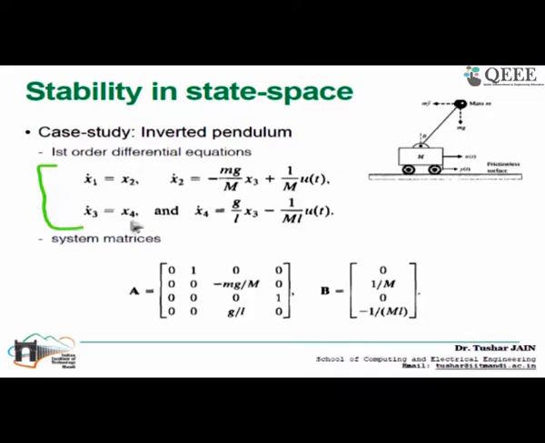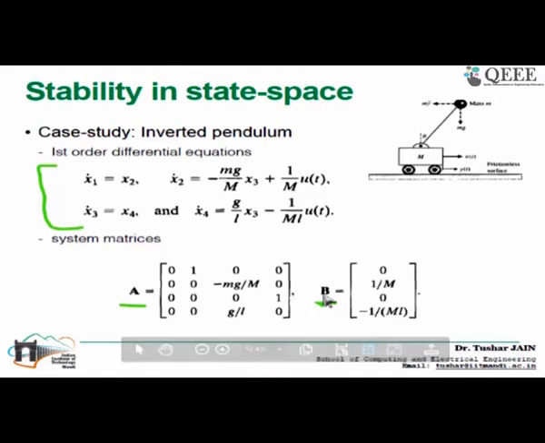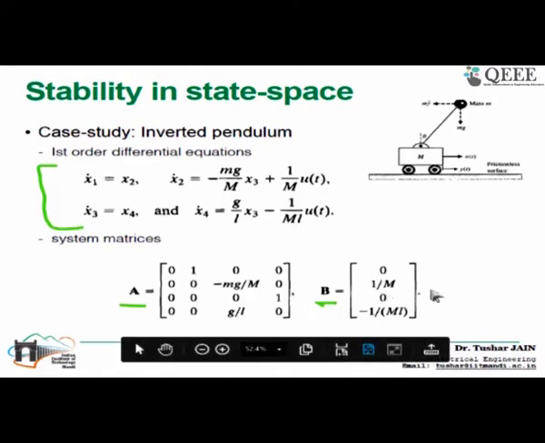Once I put them into vector or matrix form, this gives me the A matrix and B matrix. Is it quick for you to visualize how from these 4 differential equations I can come up with the A and B matrices?